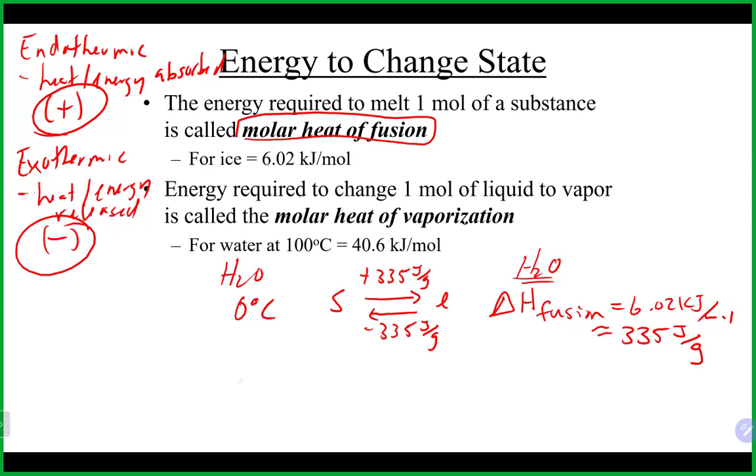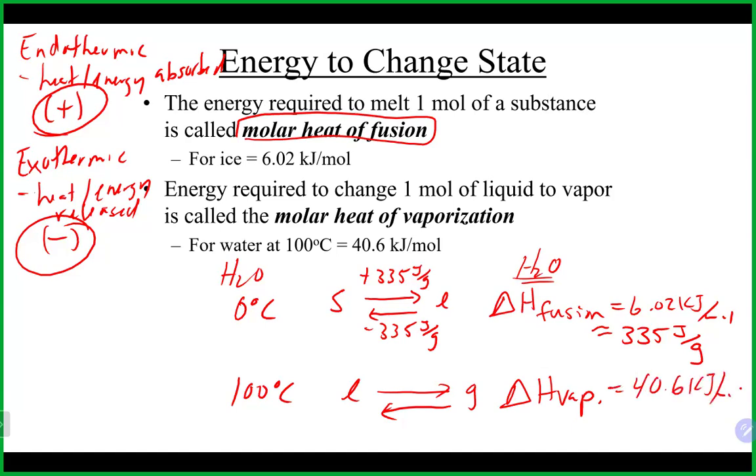Now, for water at 100 degrees Celsius, that's the normal boiling point of water. That's where we get our transition of liquid to gas or gas back to liquid. That transition is known as the delta H of vaporization. For water, it's about 40.6 kilojoules per mole, or roughly 2260 joules per gram. It has the same sign relationship.